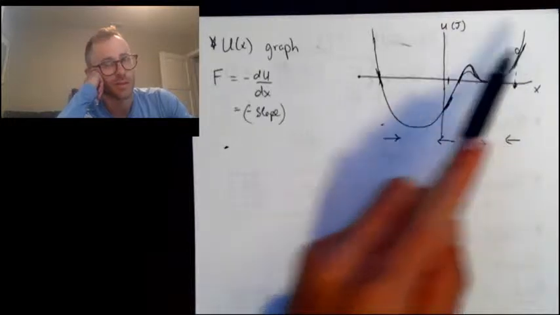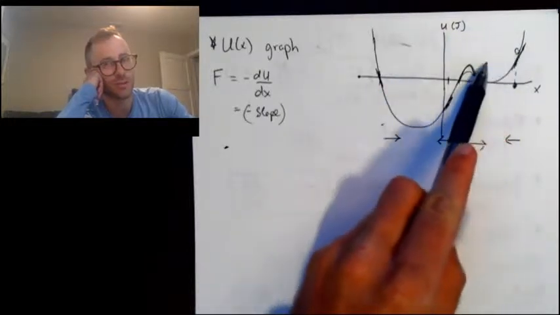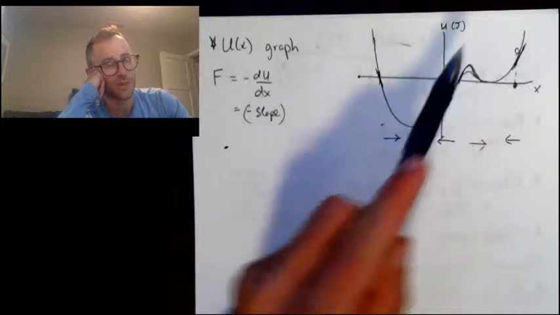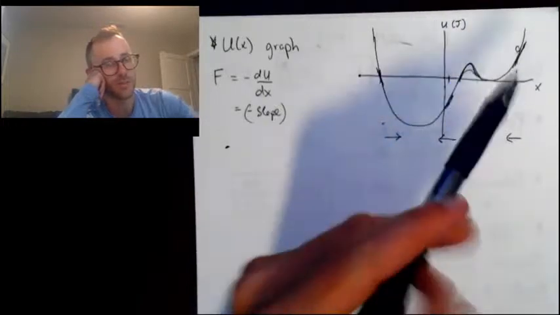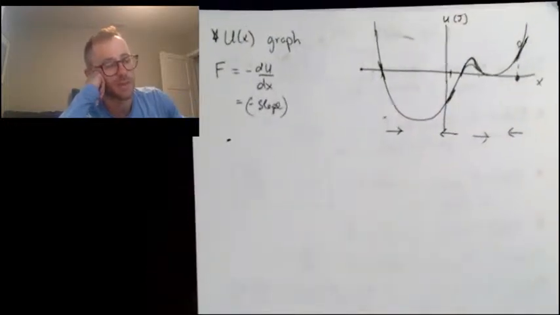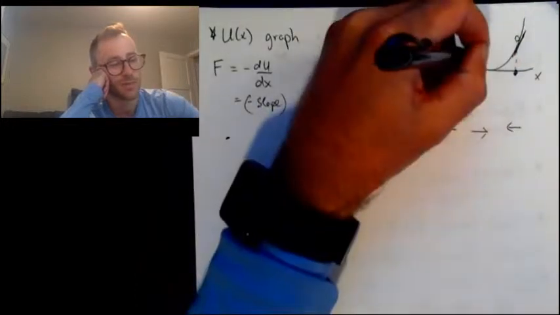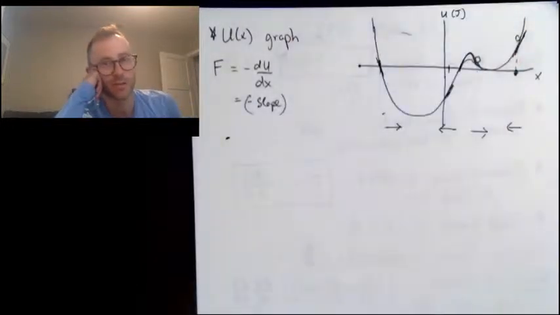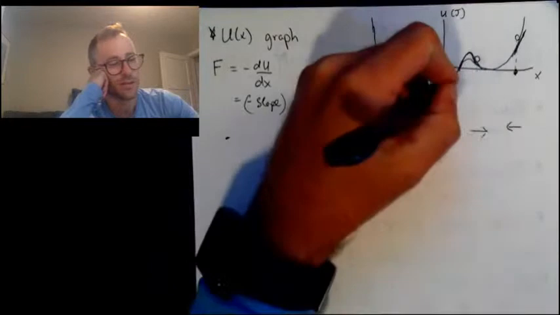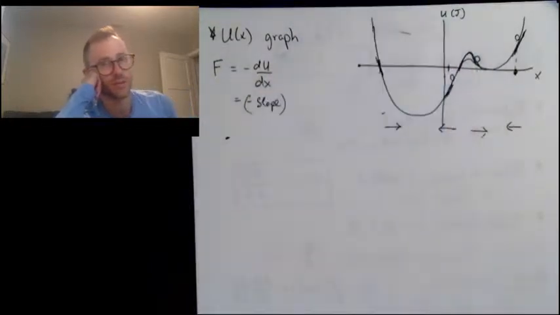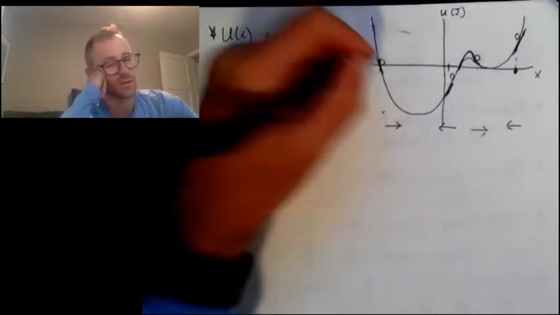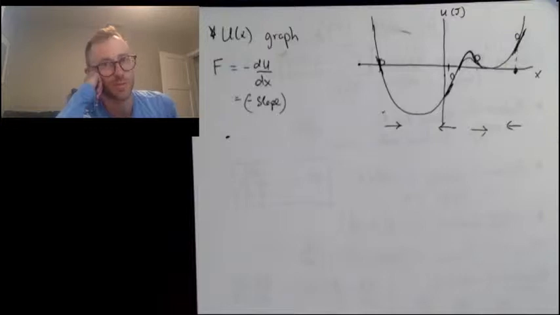If you put the ball here, obviously it's going to start rolling to the left. Here, it's going to roll to the right. Here, to the left. Here, to the right.